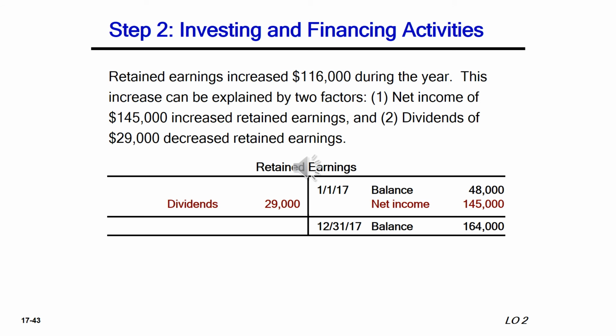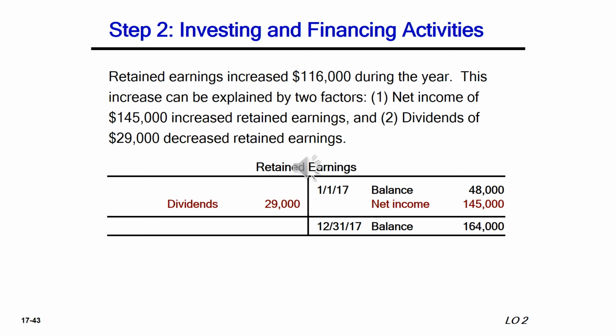How about retained earnings? The retained earnings increased 116,000 during the year. This increase, of course, can be explained by two factors, because, as you know, retained earnings are a little bit more nuanced. It is affected by the net income of the company positively, so more net income increases retained earnings. And on the other side, the more the company pays in dividends, the more it decreases the retained earnings.